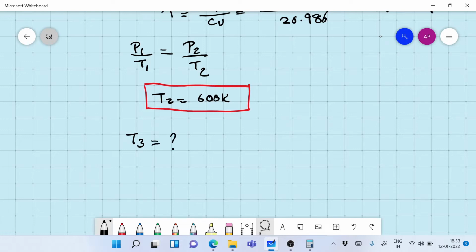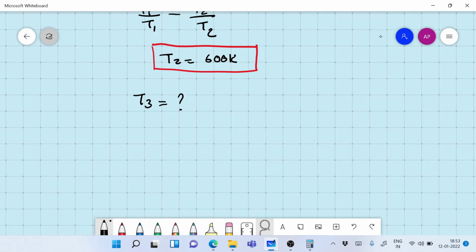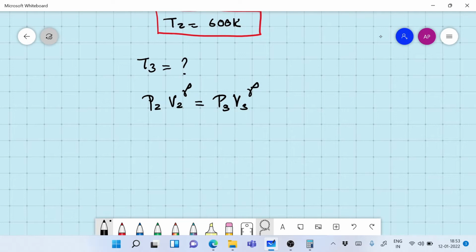You have to remember one thing, T3 is the end of an adiabatic process. Now from 2 to 3, which is an adiabatic process, for this process we can write P2 V2 raised to gamma is equal to P3 V3 raised to gamma. Now we need not know the volumes. People jump to calculate the volumes. No, don't do it.